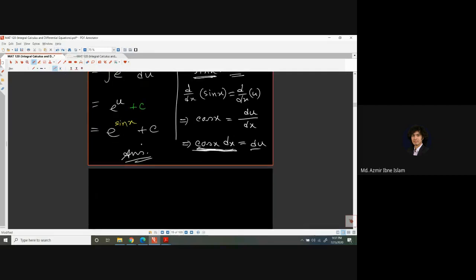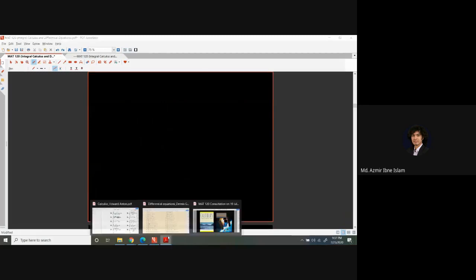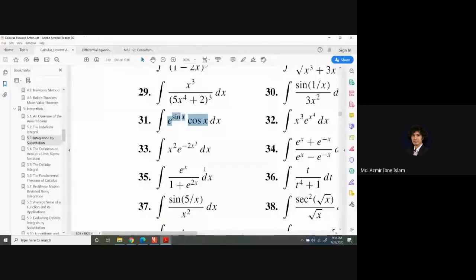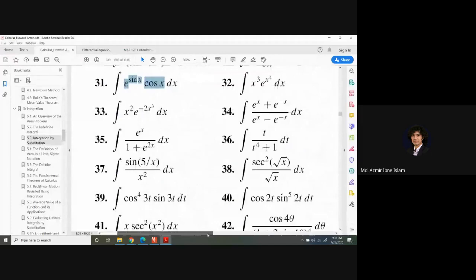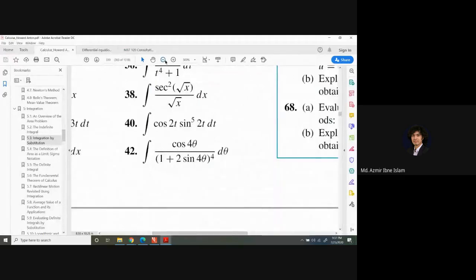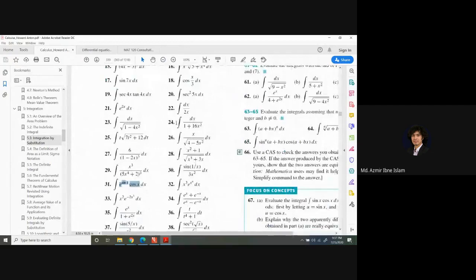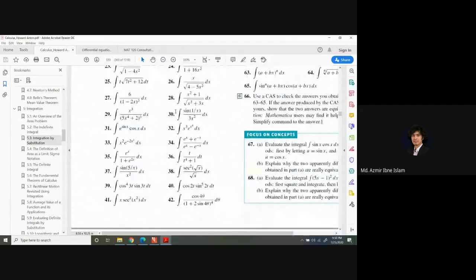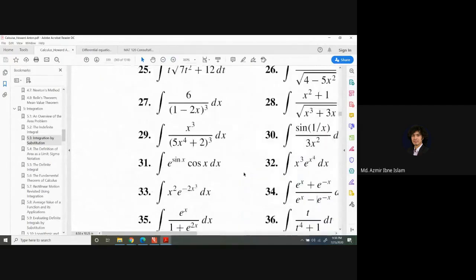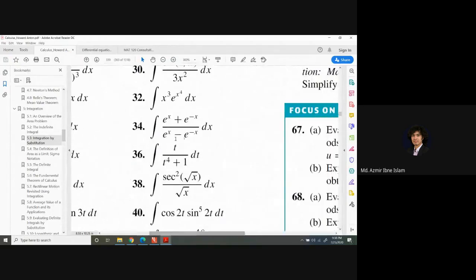Okay, so let's take another example from the exercise. Let's take any random function here. Let's take 34. Here we can see the integration of e to the power x plus e to the power minus x over e to the power x minus e to the power minus x.